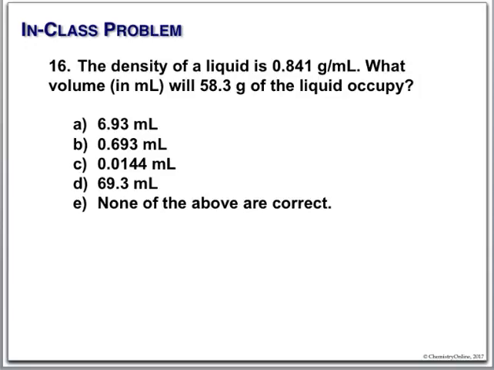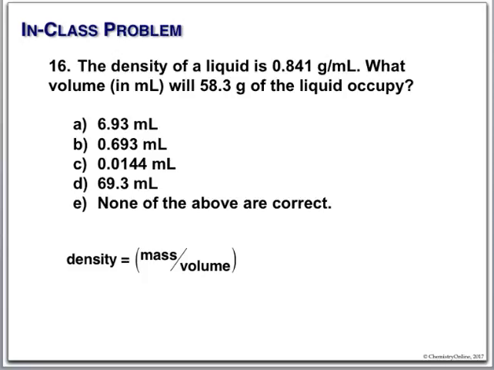All right, another density problem. This doesn't quite look like the table that you get in the tutorial, but the problem is still the same. We are given that the density is 0.841. We want to know the volume, and our mass is 58.3. So the first thing we do is write down somewhere, density is mass divided by volume.